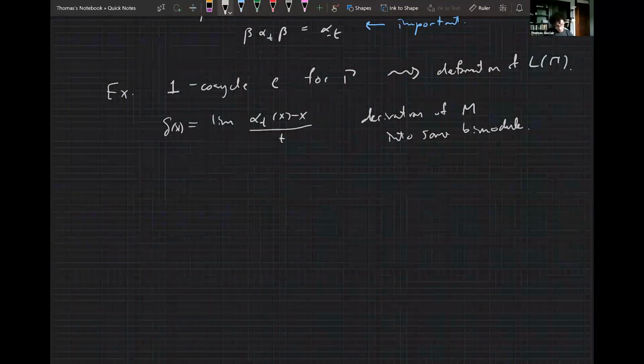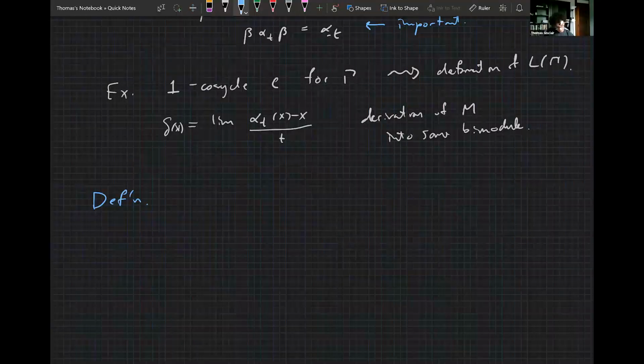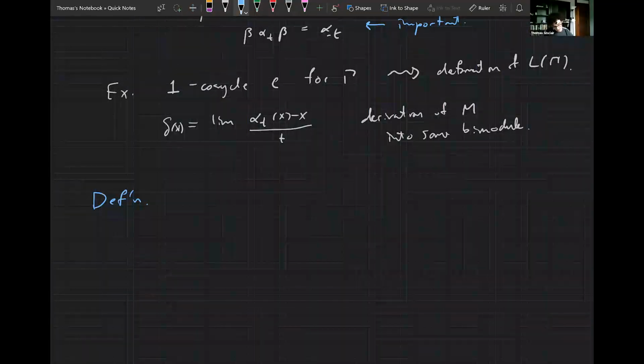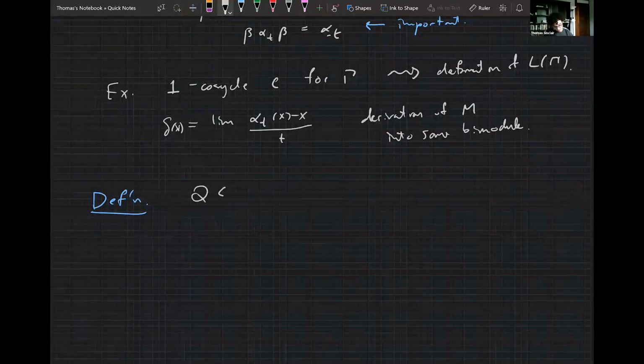So the second part of deformation rigidity is the rigidity, which is equally important. What does it mean that something is rigid? Let's set it up.